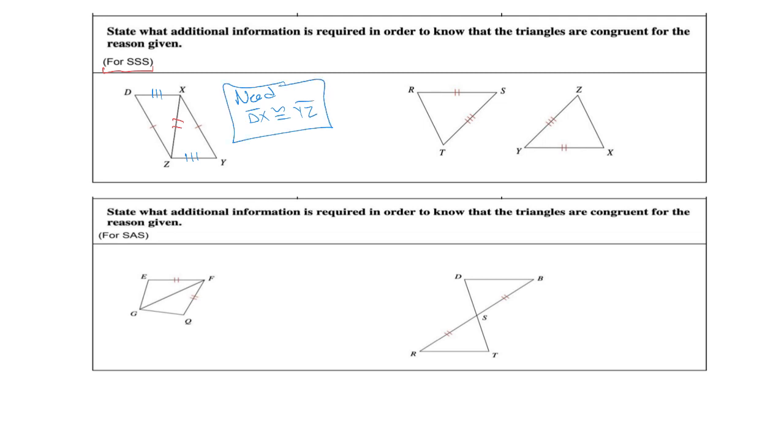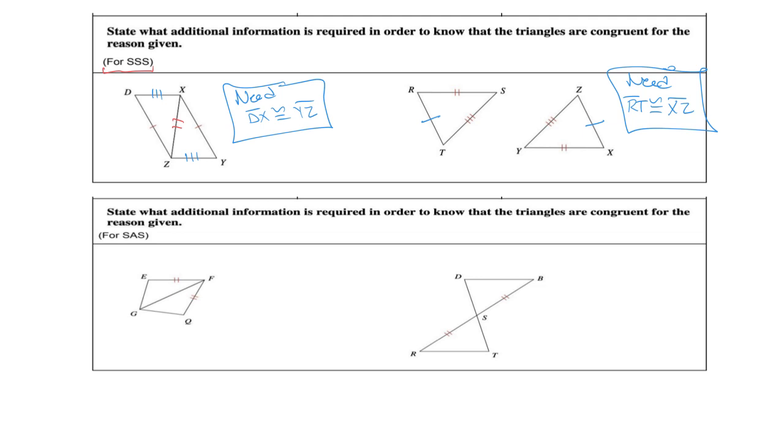Right, that's what we need. And then the next one, we're given RS is congruent to XY, and then YZ is congruent to ST. We need that RT is congruent to XZ in order to prove that these are congruent triangles by side.